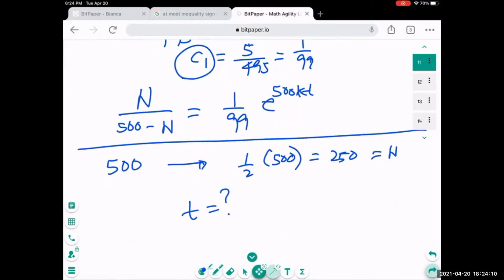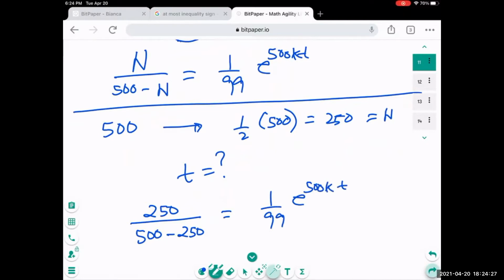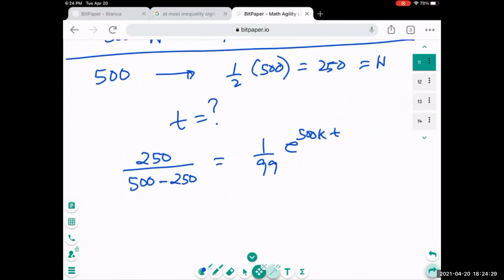So again, from our equation, let's try to substitute 250 over 500 minus 250 equals 1 over 99 e to the 500 kt. So the left side would be 1, right?